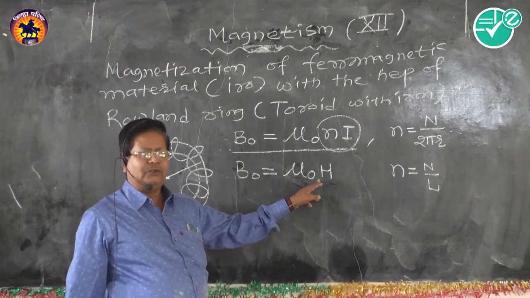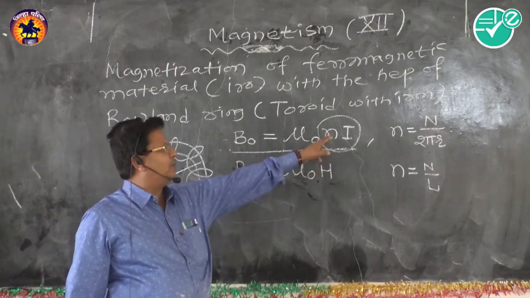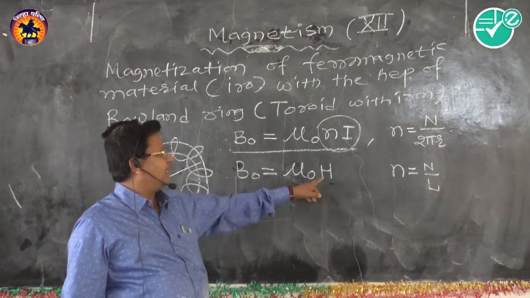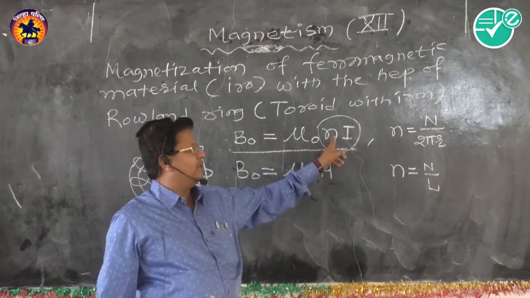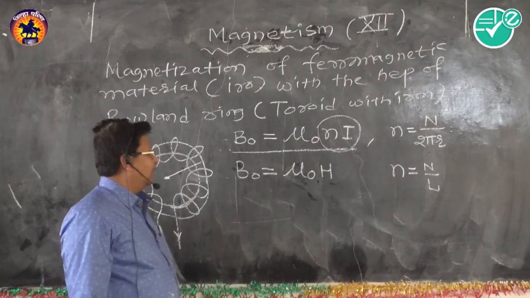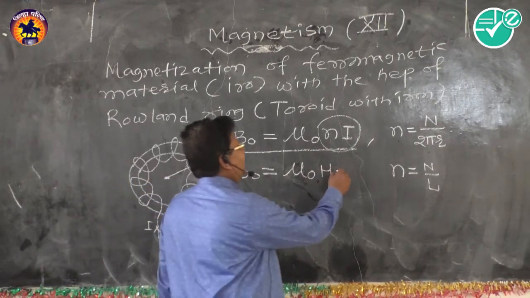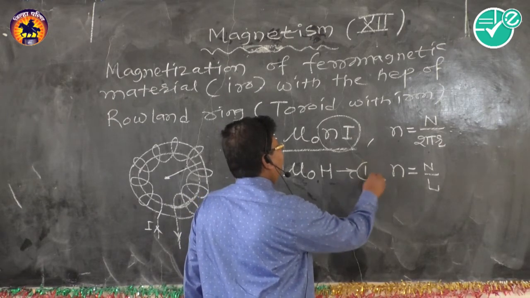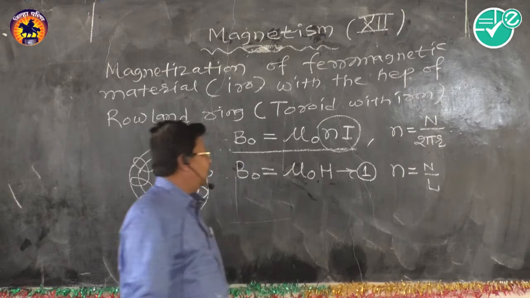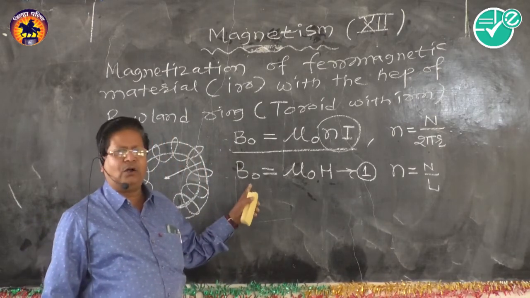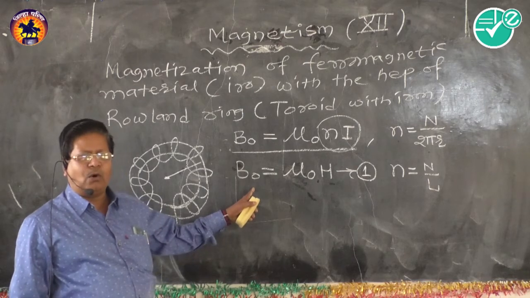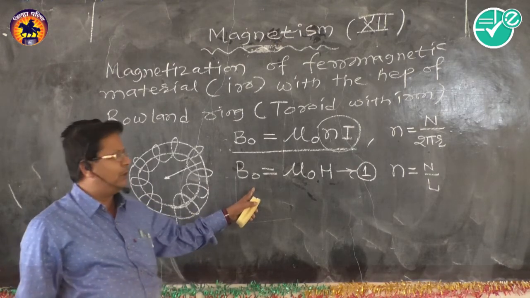Magnetic intensity H is equal to n into I, because the dimensions and SI unit for H and n into I are the same, that is ampere per meter. So this is equation number 1, which gives magnetic induction along the axis of a toroid without iron core, that is in presence of only vacuum.